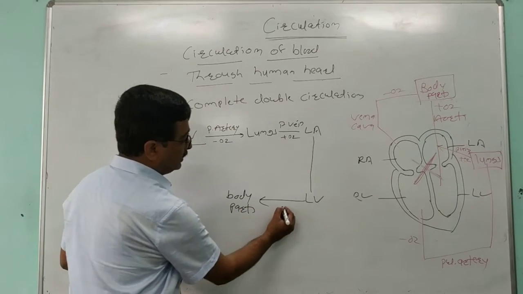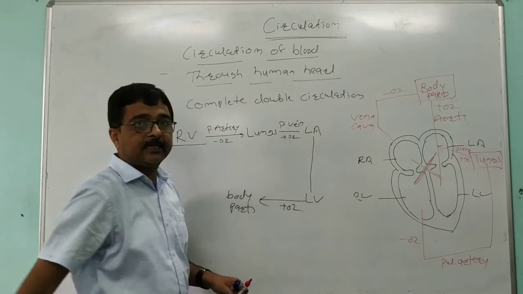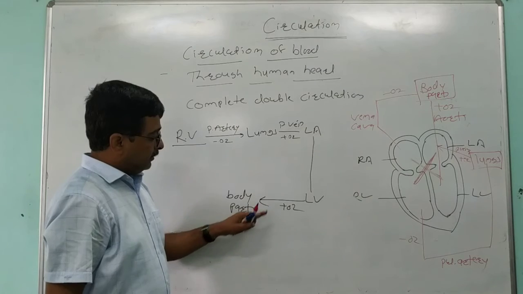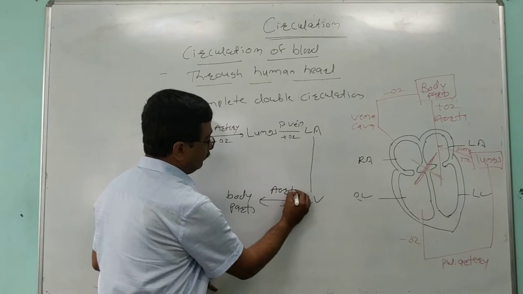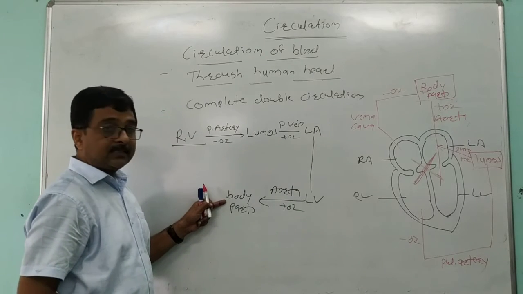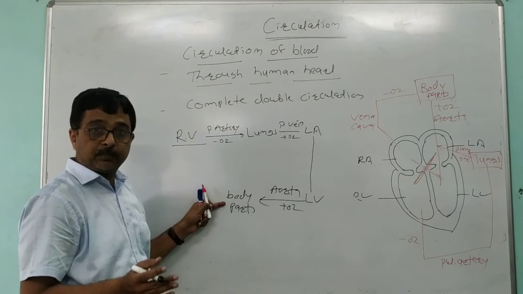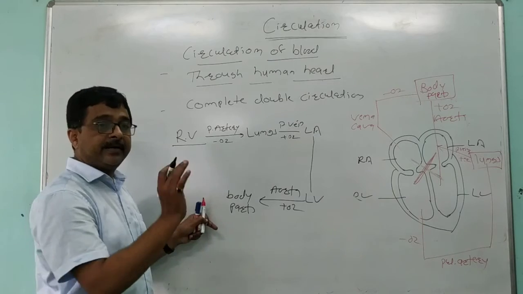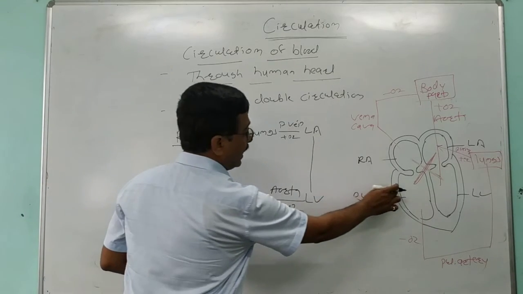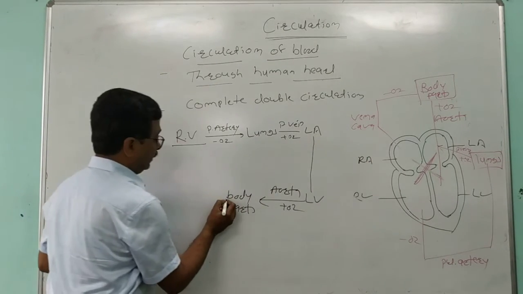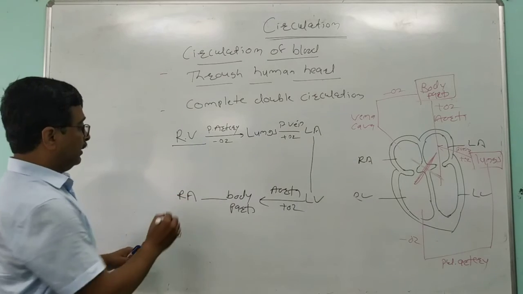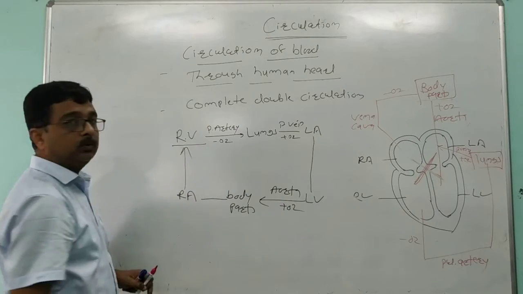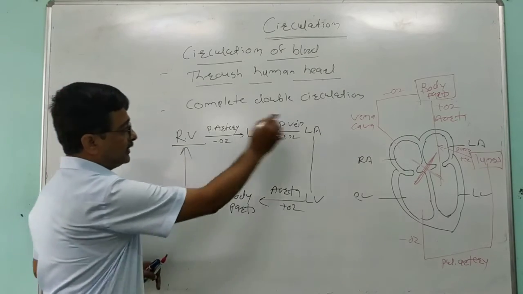The type of the blood is oxygenated, and the blood vessel which is responsible for this is the aorta. Now in the body parts the exchange of gases takes place. The blood becomes deoxygenated and again it is carried towards the right auricle. Right? And from the right auricle the blood goes into the right ventricle. So this is the cycle.